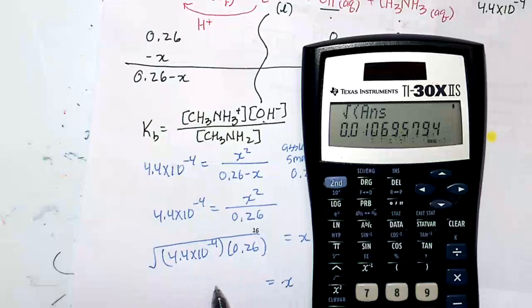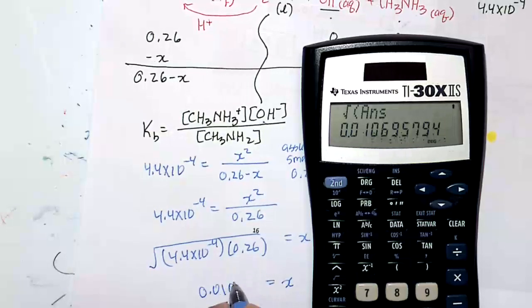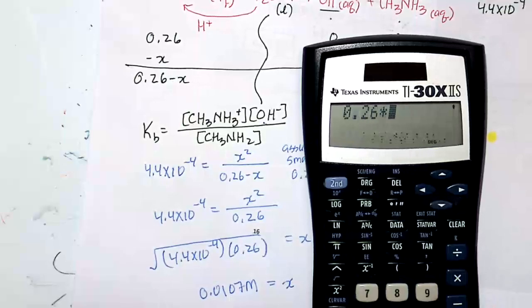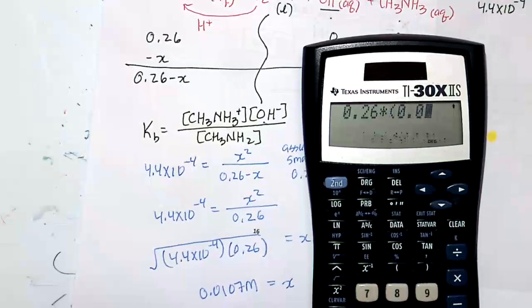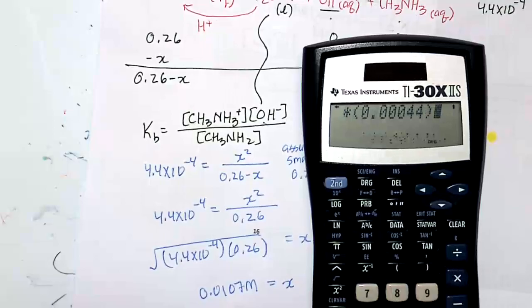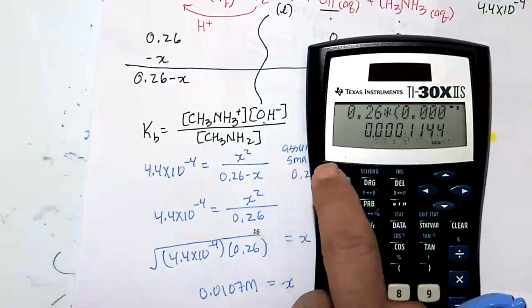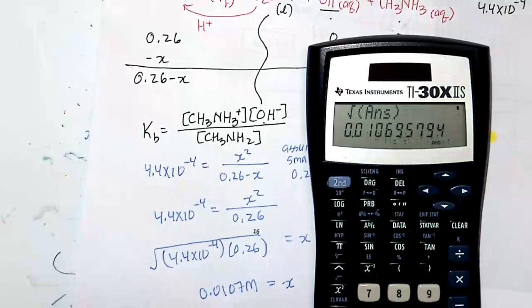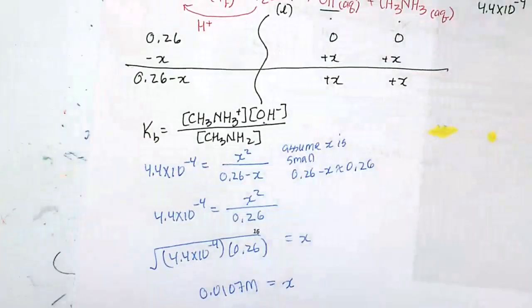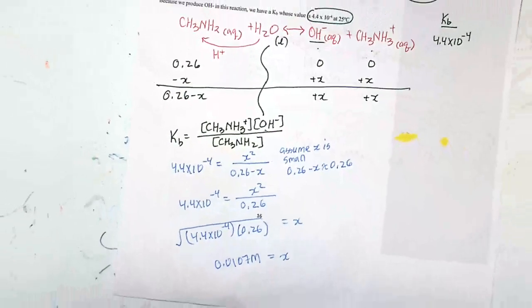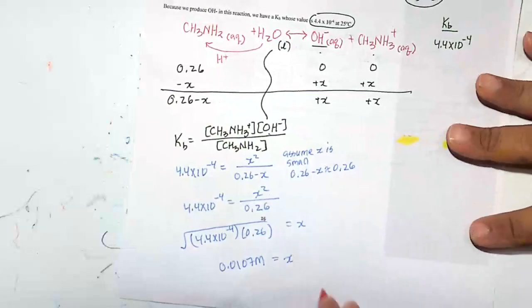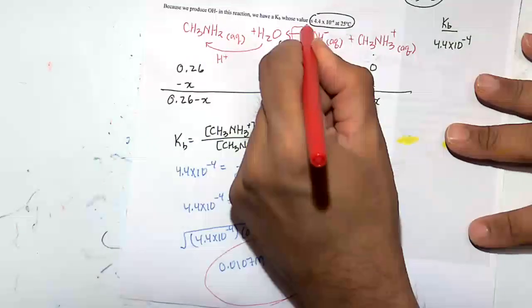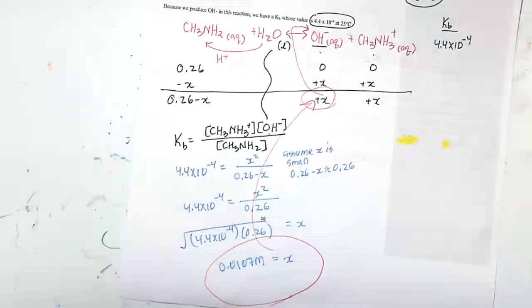Did you get that? 0.0107 molar. But what does that X really symbolize? This X is the concentration of OH minus.